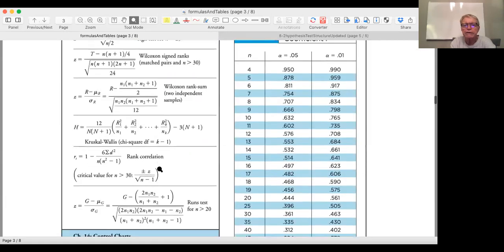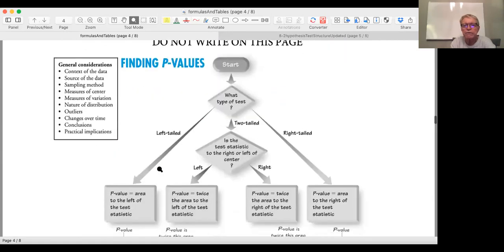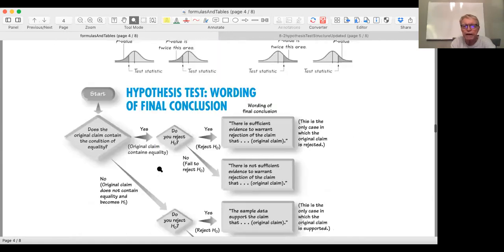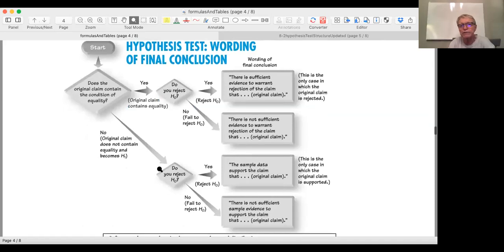So we go to the back of the second sheet in the formulas and tables handout, and at the bottom we see the hypothesis test wording flowchart. It asks us about whether the claim included equality or not, and then we go over, and then it asks us whether we rejected H0. If we included equality and we rejected, here's the wording. If it included equality and we failed to reject, then this is the wording.